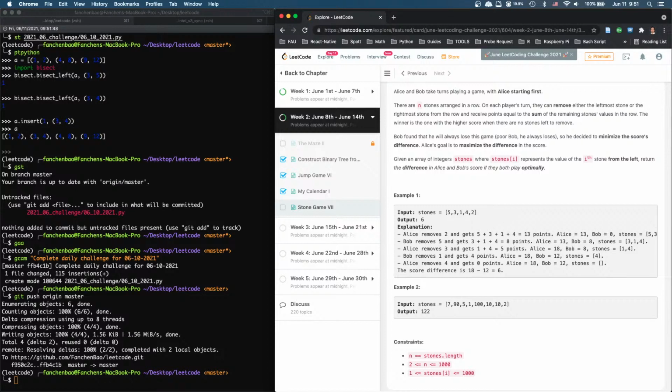So Bob will always lose the game, right? So that means even if he tries to get maximum points... Actually, that's not getting maximum points, right?